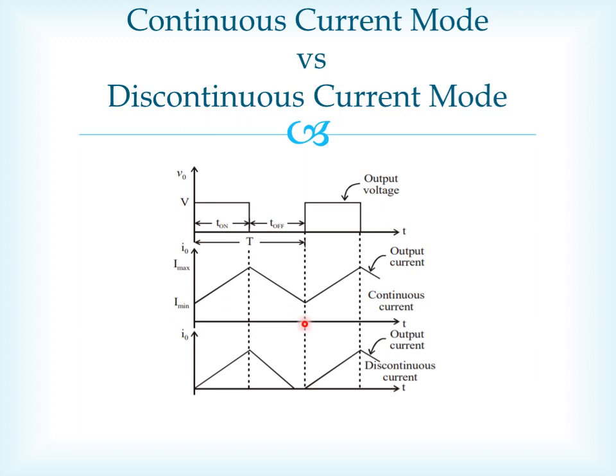So that is why we have put this condition I minima equals 0. We have used this condition in the discussion for the boundary where it shifts from a continuous to a discontinuous current mode.